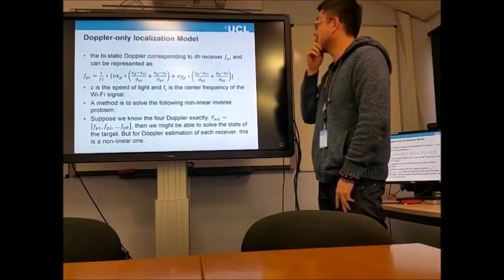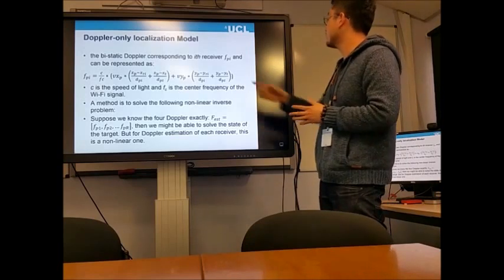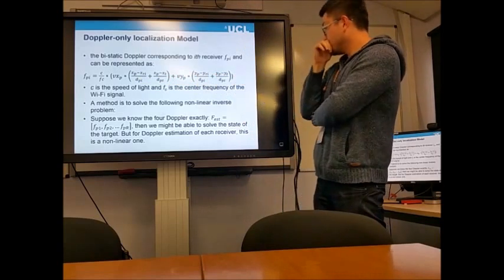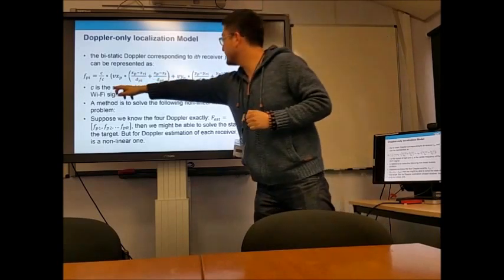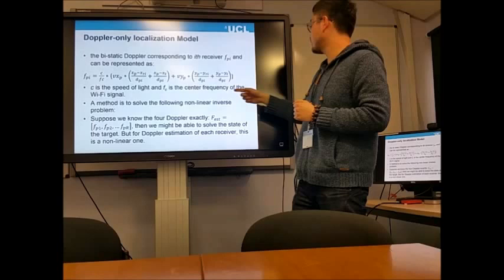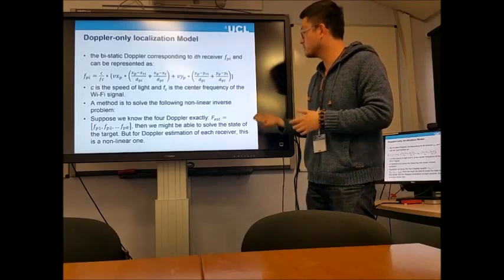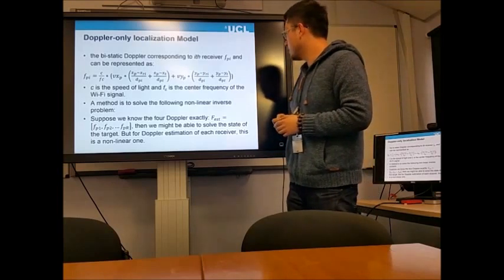The bistatic Doppler corresponding to the ith receiver, fpi, can be represented by this equation, where c is the speed of light and fc is the frequency of the Wi-Fi signal, here 2.426 gigahertz.